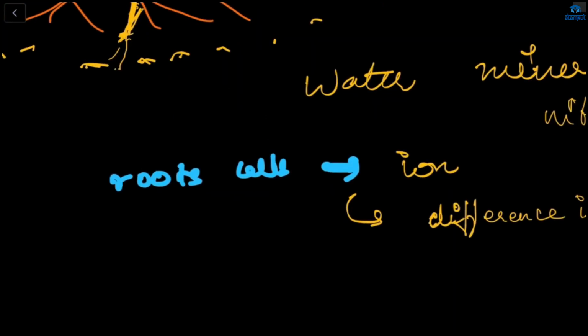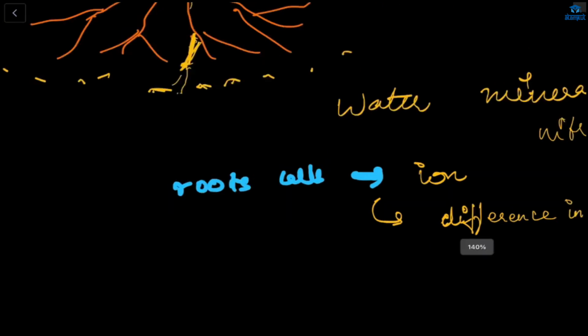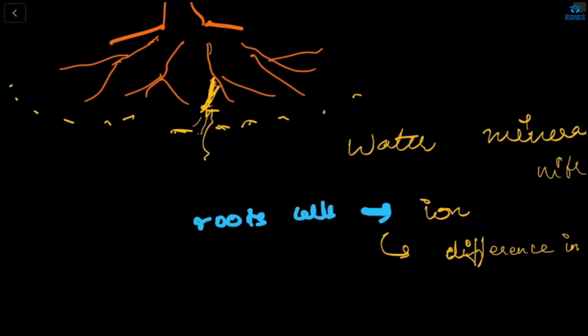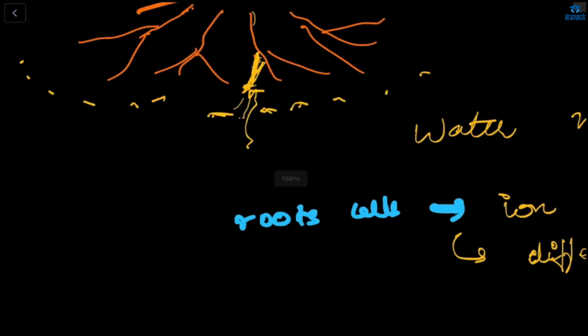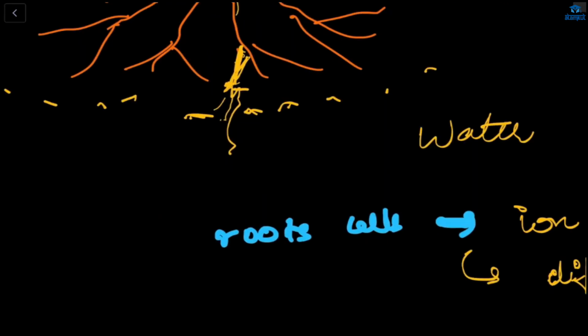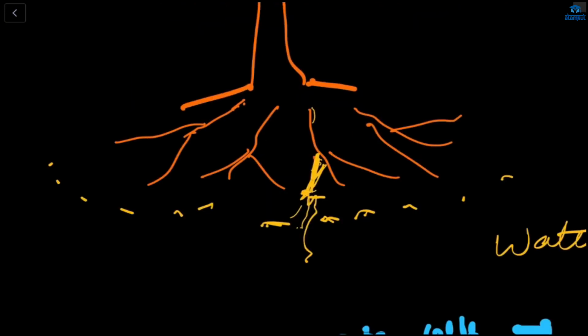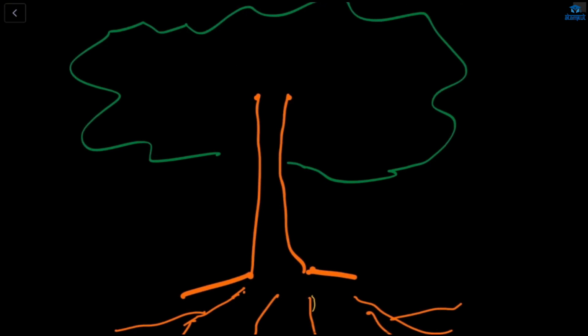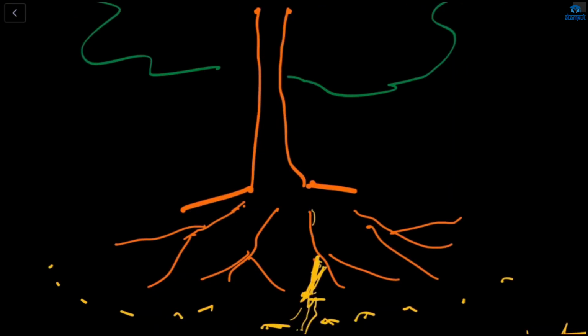So what will happen to eliminate that difference? The water will move inside the roots, into the root cells. So this will create upward movement. From the roots, it will move to the stem, then to the leaves, there will be upward movement.